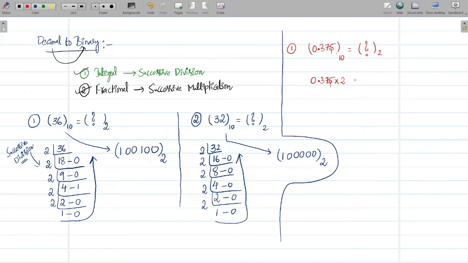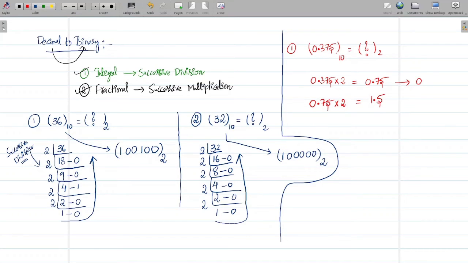So 0.375 into 2 is 0.75. In this 0.75, 0 is the integral part and 0.75 is the fractional part. Write the integral part separately, so 0. Next, take 0.75 again and multiply it by 2, you will get 1.5.